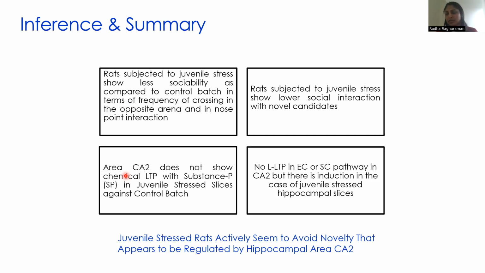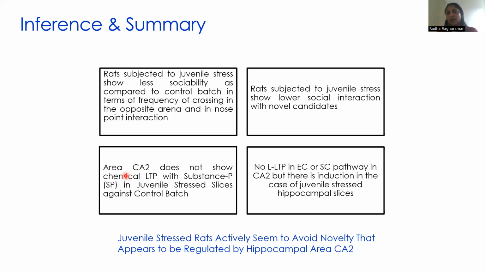And in the behavioral experiments, it is interesting that rats subjected to juvenile stress actively avoid novelty and any kind of novel exploration with their conspecifics, as opposed to an empty cup. So since the juvenile stress rats actively seem to avoid novelty, that appears to be regulated by hippocampal area CA2.